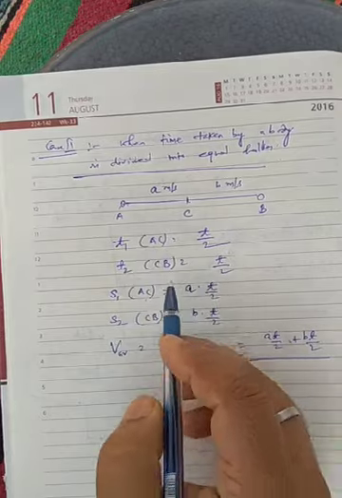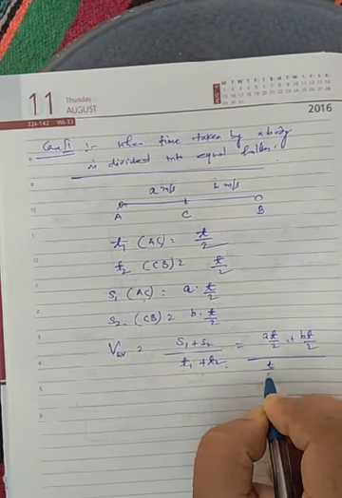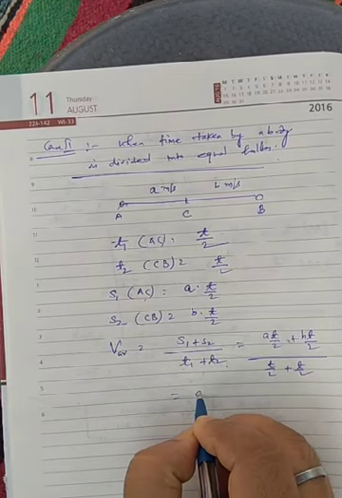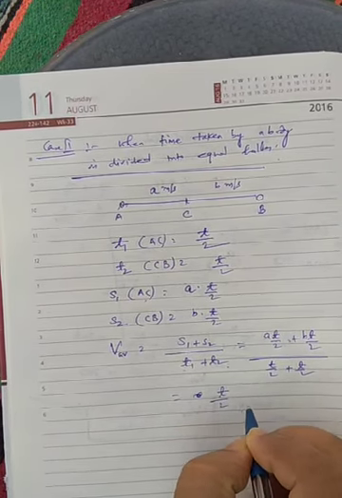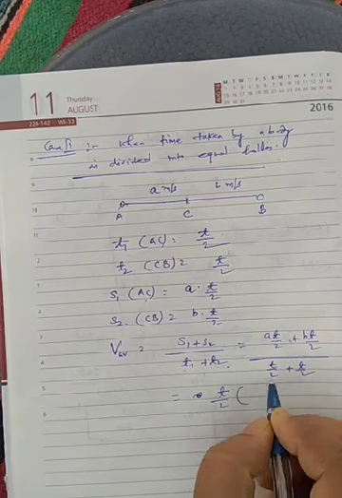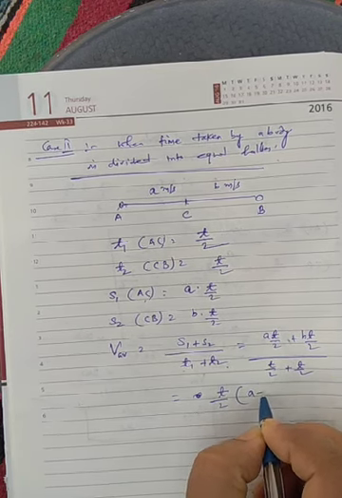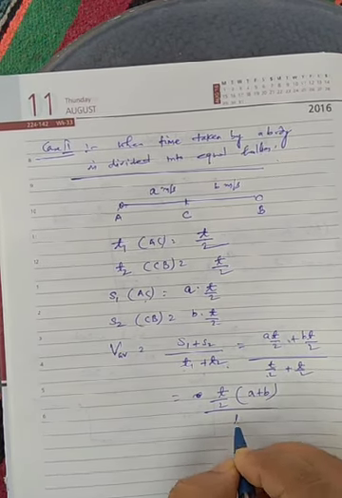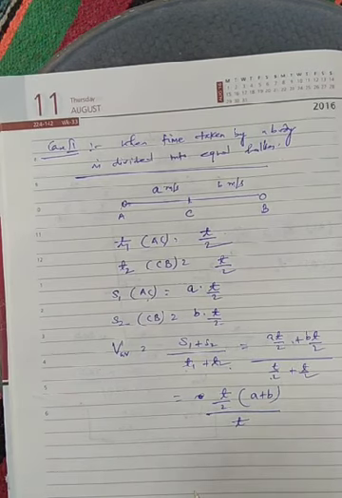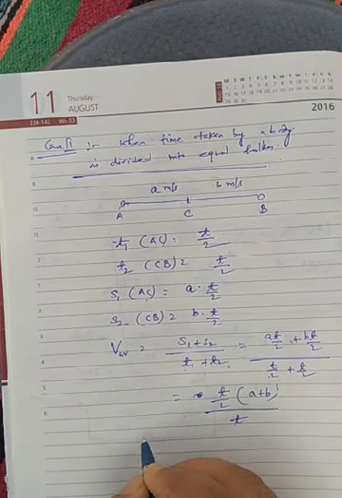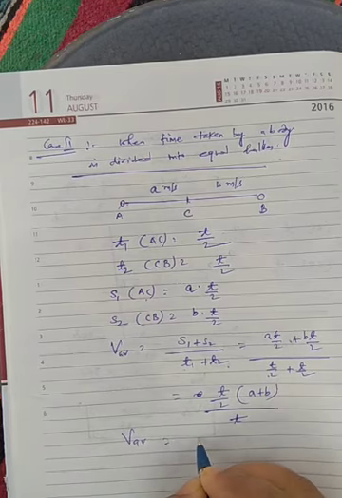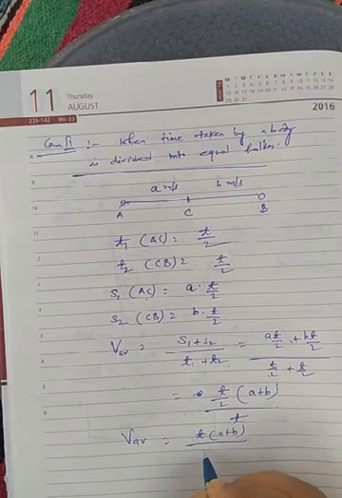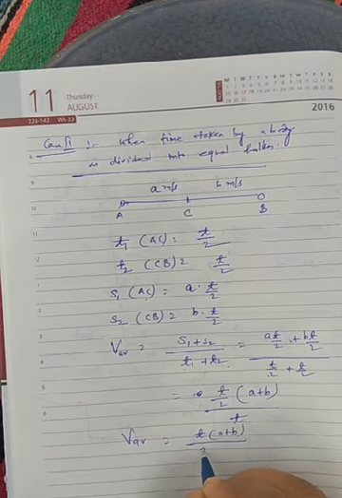So T1 plus T2 means T by 2 plus T by 2. Here T by 2 can be taken as common, and A plus B will remain inside the bracket. T by 2 plus T by 2 will give you T on adding. Now VAB, that means average speed, T into A plus B, this 2 will come lower down into 2T.